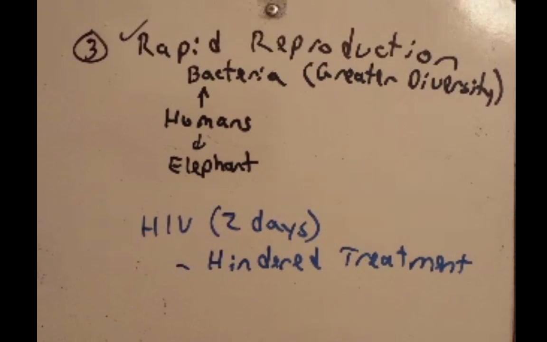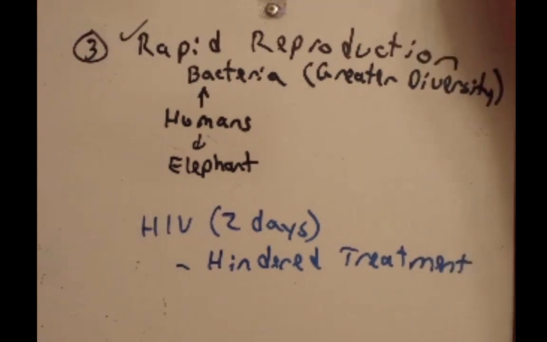For instance, if you have a bacterial infection, you'll go to the doctor and the doctor will prescribe you an antibiotic. And that antibiotic goes after that bacterium in one way. But HIV you can't do that with, because it divides so fast, it gains so many mutations because of this rapid reproduction, that it becomes immune to those single drugs.